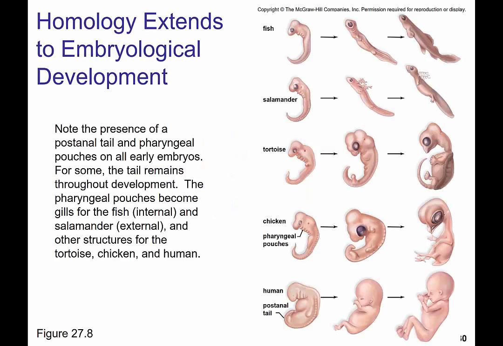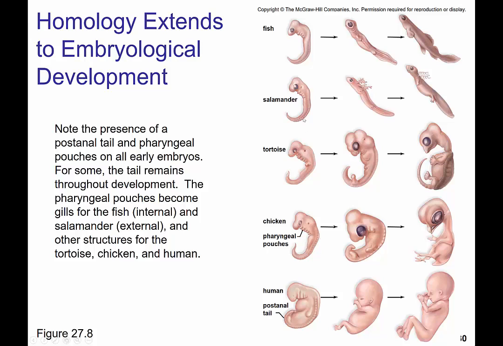Also looking at further evidence of evolution and the relatedness of organisms, and how things have changed over time is the likeness between embryos. If we're looking at vertebrates here and embryology, we're going to note the presence of a post-anal tail.